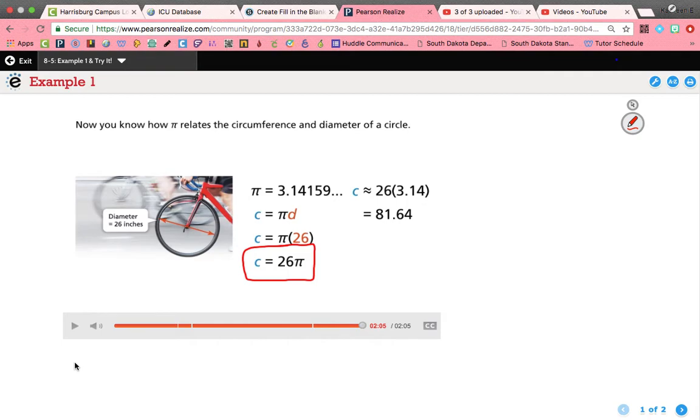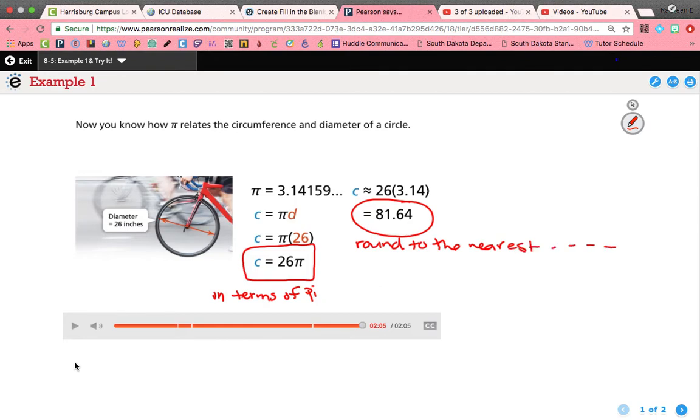When it wants an answer like that, it's going to say, solve this problem in terms of pi. When it wants you to actually multiply, it's going to say, solve this and then round to the nearest something.